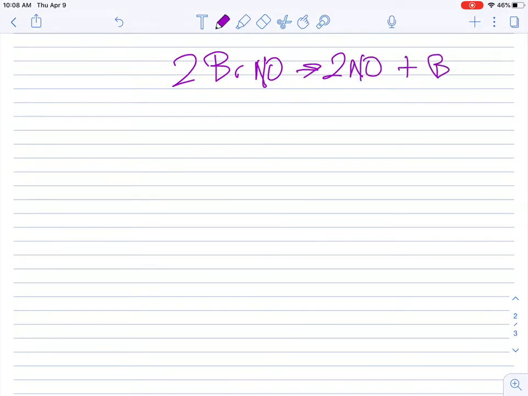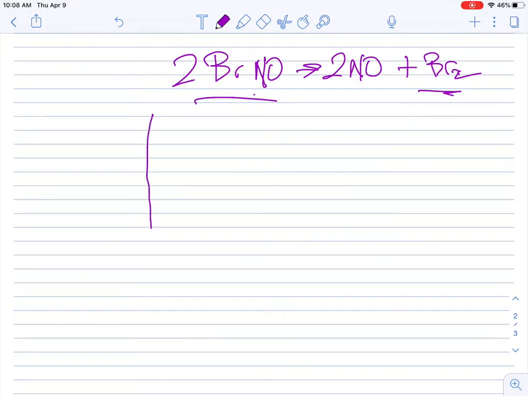So in terms of an actual reaction, let's say that we have this molecular compound, BrNO, and we're going to have a decomposition reaction into 2 nitrogen monoxides and elemental bromine, Br2.